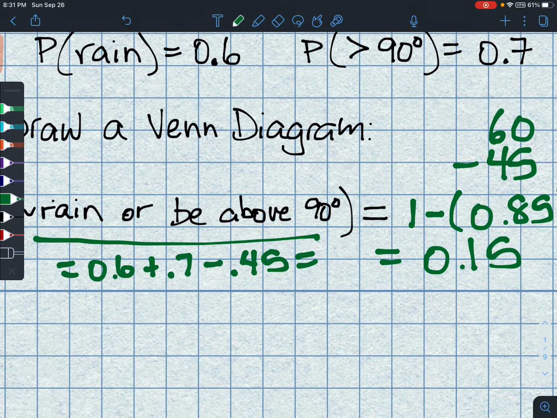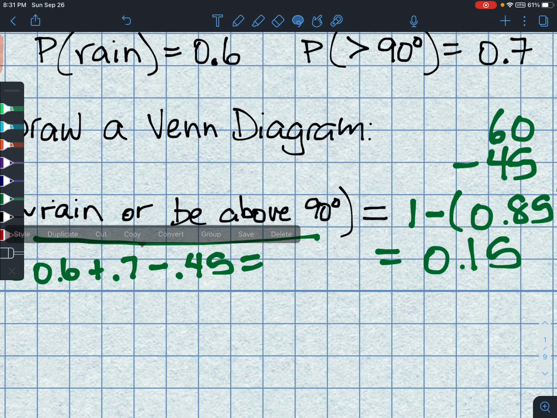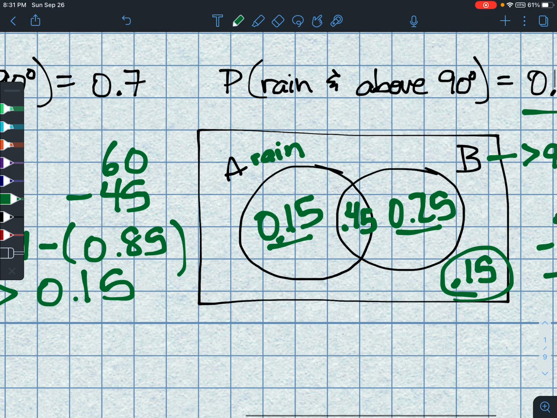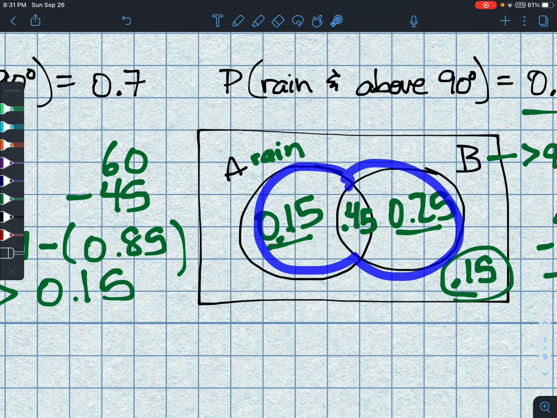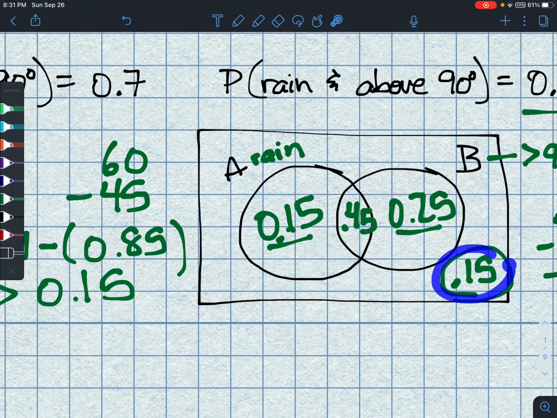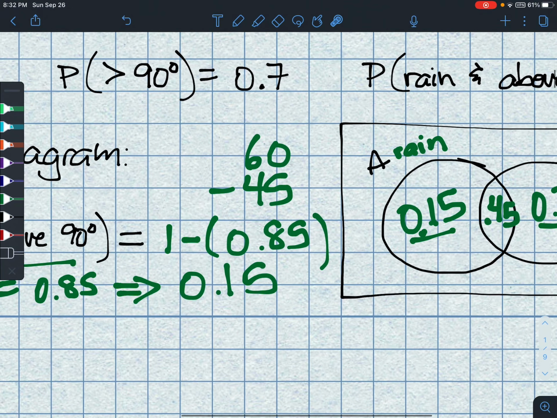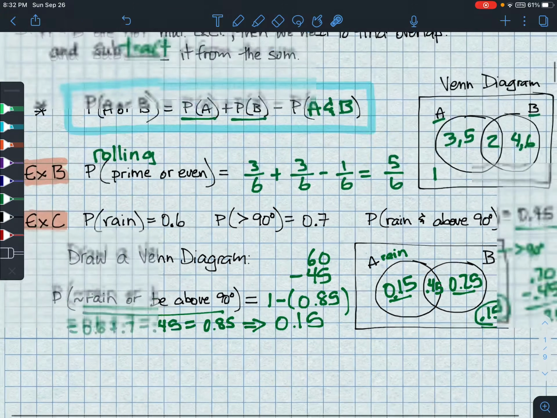Sorry, that won't give me 45. That will give me 85. So this tells me that I have an 85% chance of being inside, and by inside I mean in the region. So therefore, 15% if I subtract from 1 is outside.